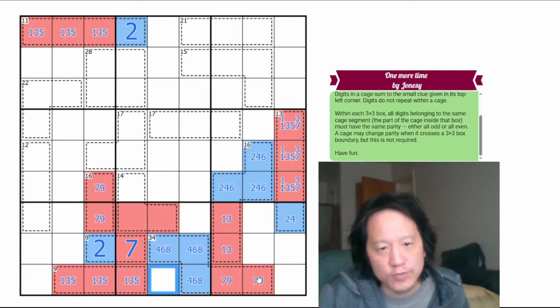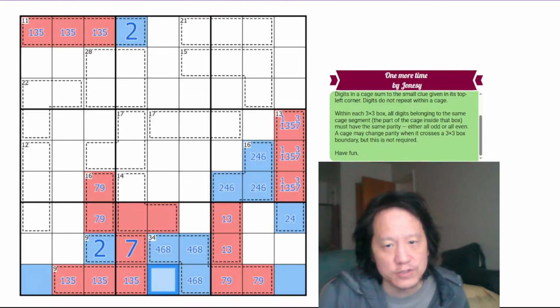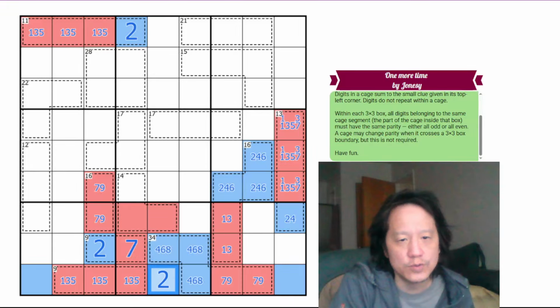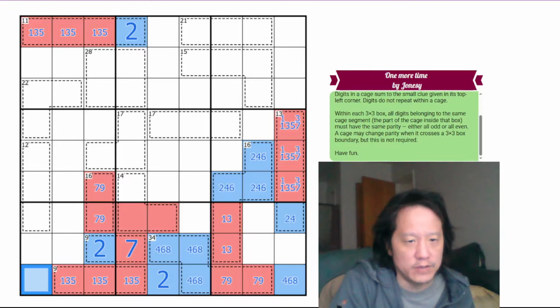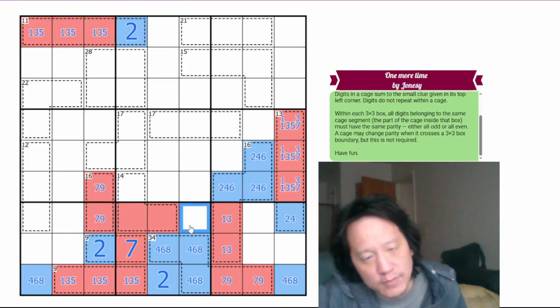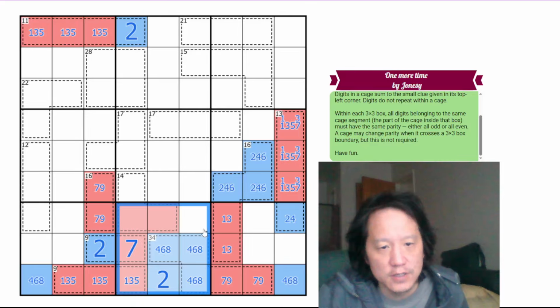That leaves, we have 5 odd digits in row 9. So that means the remaining digits must all be even. This is a 4, 6, 8 triplet, therefore this can't be 4, 6, or 8, it's 2. And this must be 4, 6, or 8. This must be 4, 6, or 8. In this lower central box, we have 4 even digits. So this cannot be even, it's odd.